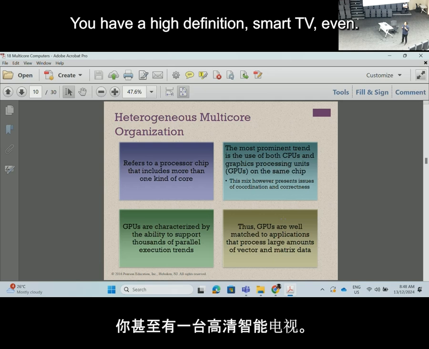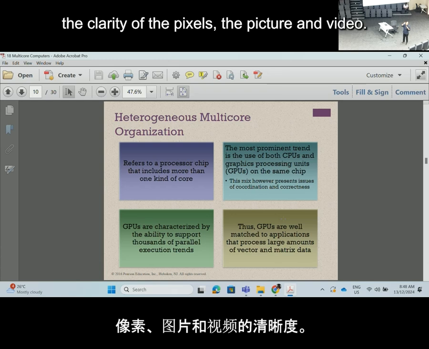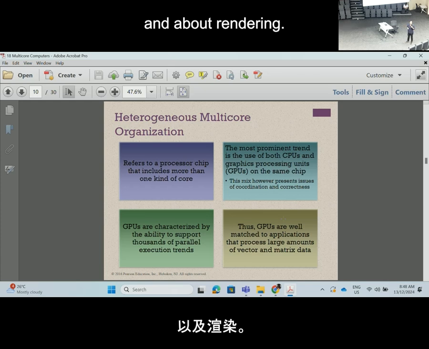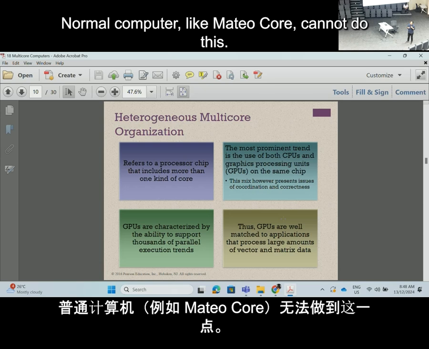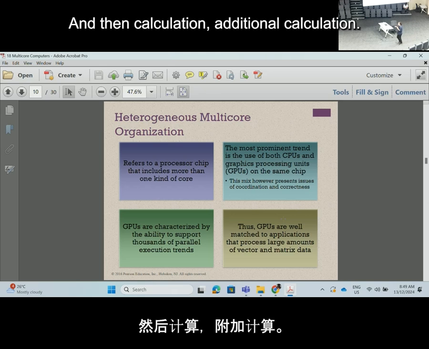You have a high definition, smart TV even. Not about the size, I talk about the clarity, the clarity of the pixels, the picture and video. So we talk about multimedia applications and rendering. A normal computer, like multi-core, cannot do this, because it requires a lot of memory and additional calculation.